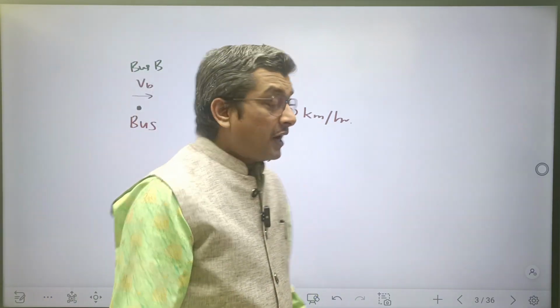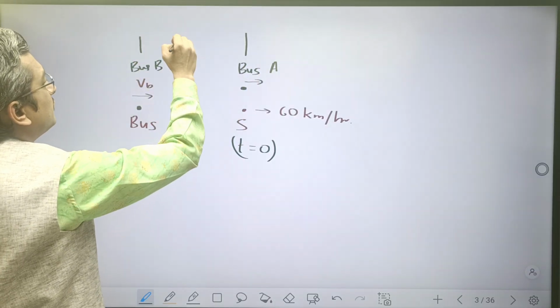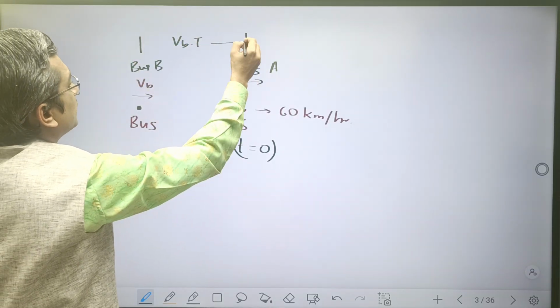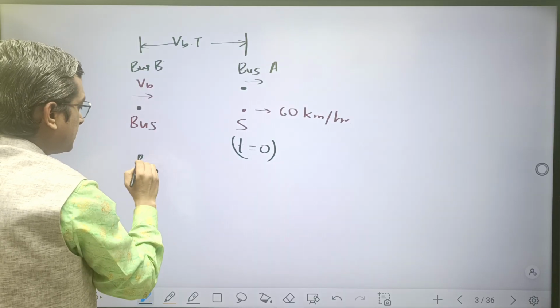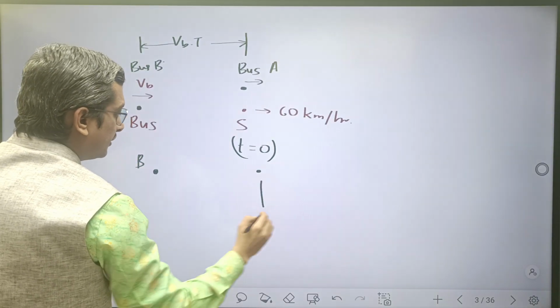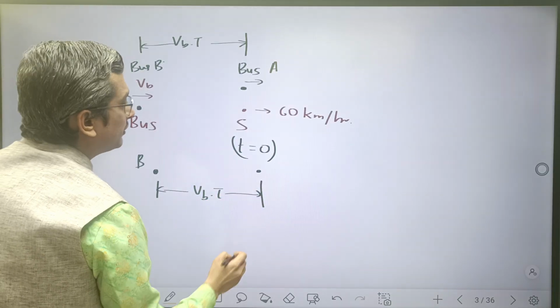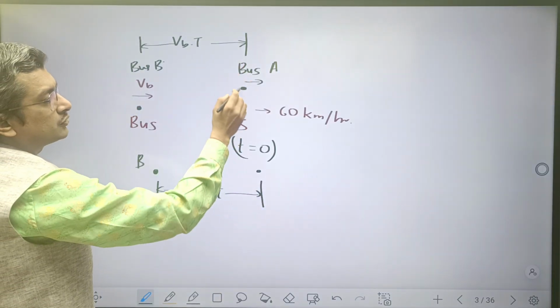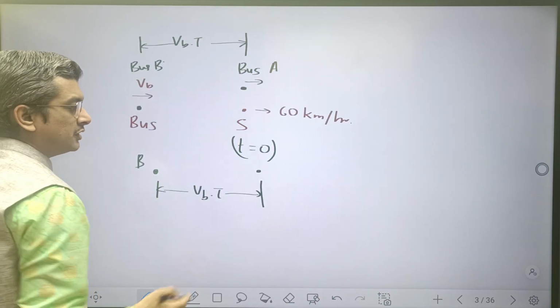So it is given. And the distance between these two buses is given by Vb into T. It means that the distance between bus B and the scooty is given by Vb into T, because at time t equal to 0, both bus A and scooty S are at the same position.